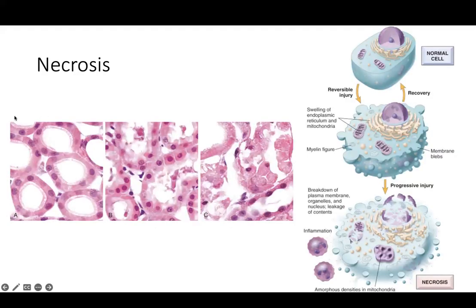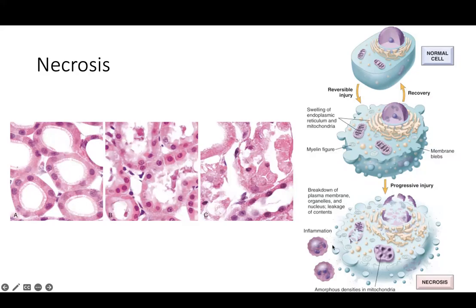So here's an example of necrosis. It's going from these normal renal tubules to injured renal tubules to now irreversibly injured renal tubules. And so if you get a reversible injury, you get these surface blebs. If the injurious agent isn't removed, you get a progressive injury, and the plasma membrane starts to break down, the nucleus starts to break down, the contents start to leak out of the cell, and it leads to inflammation.